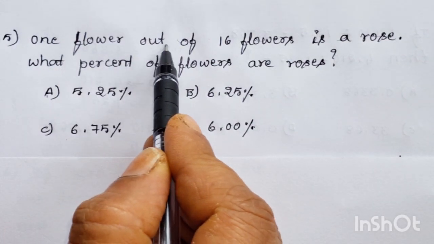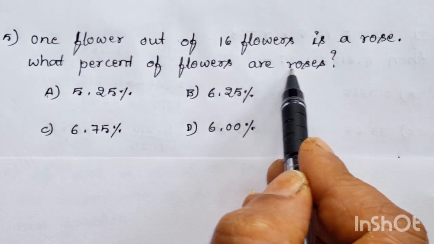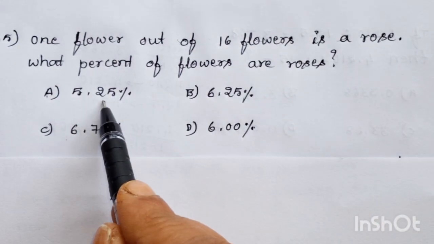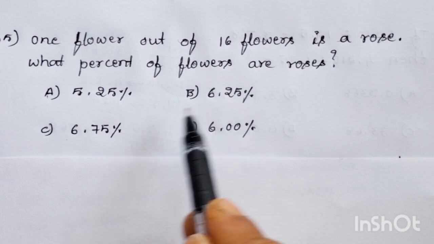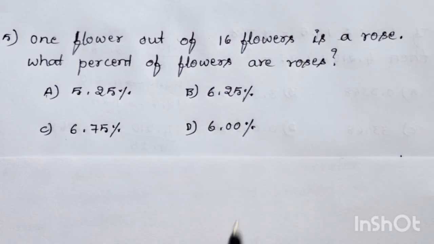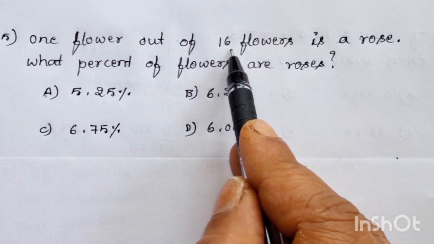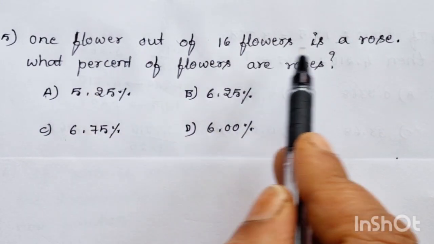Question number 5. 1 flower out of 16 flowers is a rose. What percent of flowers are roses? Options: 5.25%, 6.25%, 6.75% and 6%. So here we find that for 16 flowers, 1 flower is a rose.